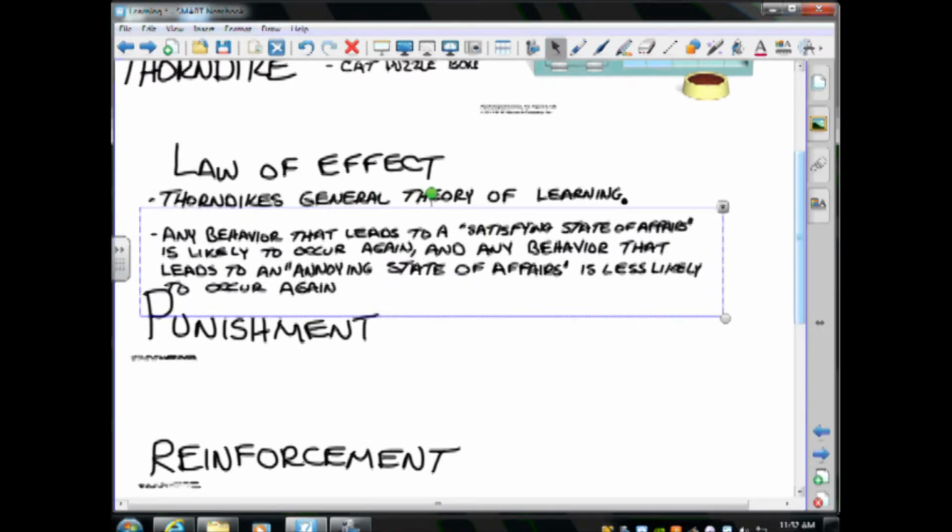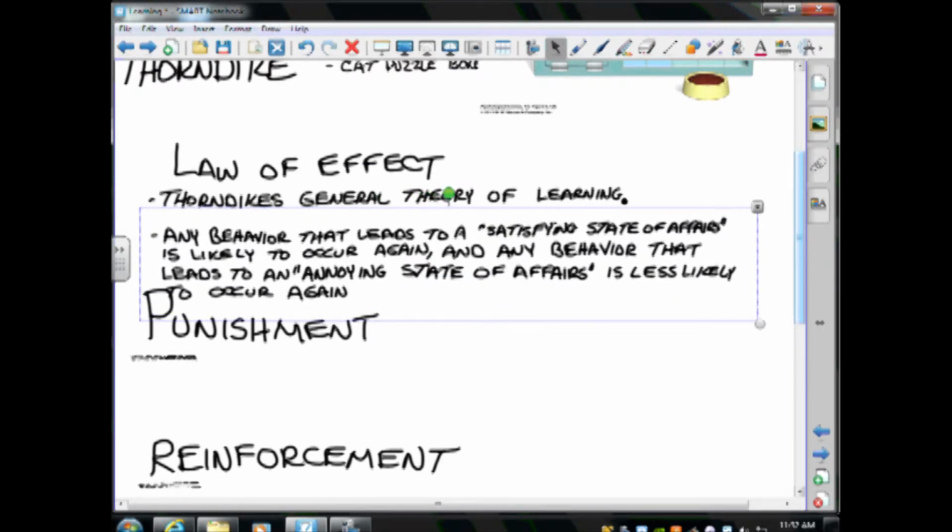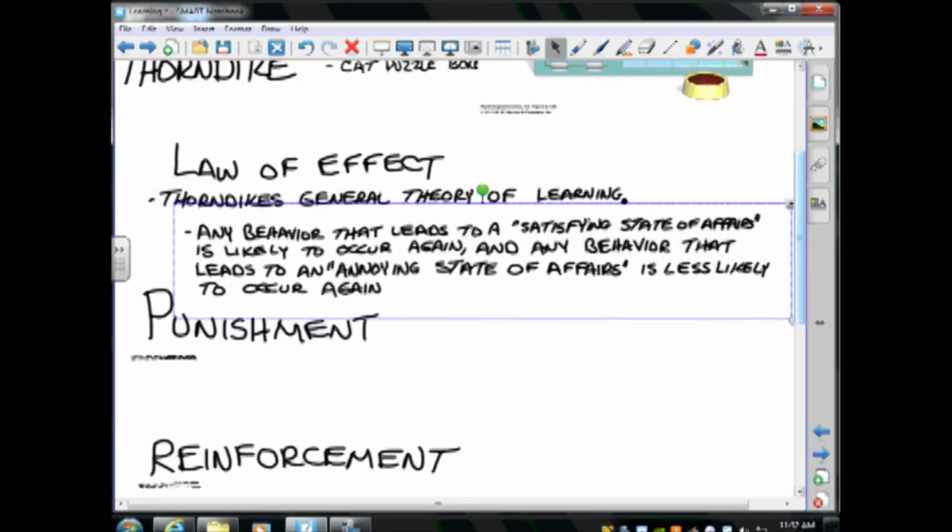And he comes up with this idea that would just eventually drive Skinner bonkers and Watson. He said that any behavior that leads to a satisfying state of affairs is likely to occur again. And any behavior that leads to an annoying state of affairs is less likely to occur again.